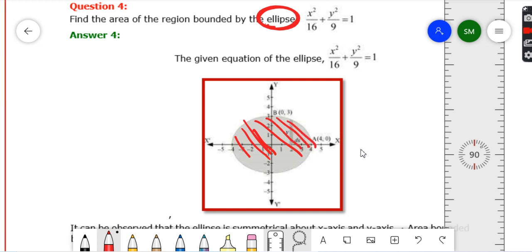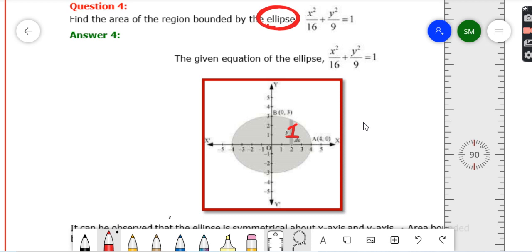Now when you have such a type of symmetric ellipse, or any symmetric area or symmetric diagram, what we will do is we will find out the area of only one part, and then we will multiply it by 4 because it is symmetric, so all four areas will be equal. So first I will calculate this one part, then I will multiply it by 4.